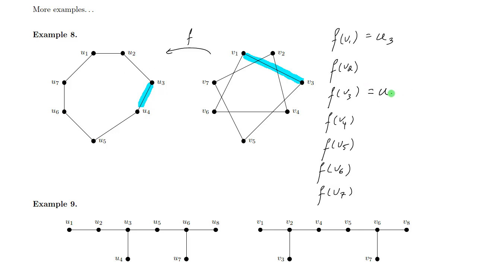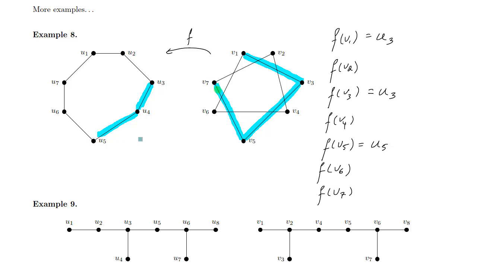And then following the next edge along, so V3 down to V5. And now I only have one option. U4, follow that along down to U5. So V5 and U5 are going to be associated with each other. And then continuing along, V5 is then adjacent to V7 along that edge.